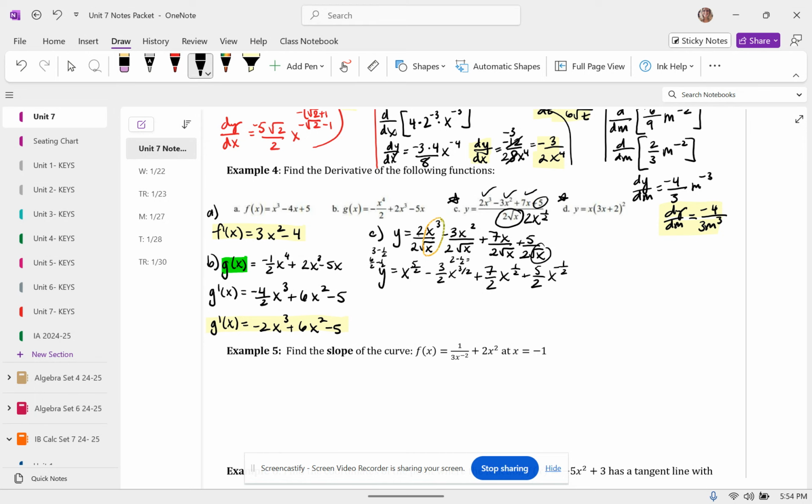Kind of did it again. But now I'm taking the derivative, and I would have 5 over 2 x to the 5 over 2 minus 2 over 2 gives me 3 over 2, minus 3 over 2 x to the 3 over 2 minus 2 over 2 gives me 1 over 2, plus, and then oh wait, I didn't multiply that guy when I was going through. Hang on. This first one, this piece here is right, and then now I would have 3 over 2 times, I forgot to drop the exponent down in the front.